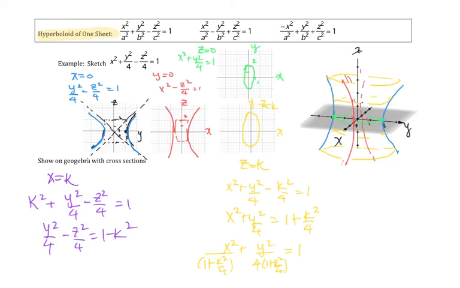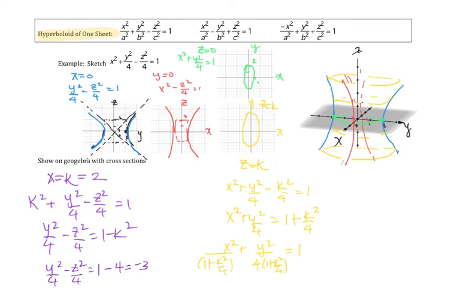When this is negative, this is not a hyperbola that opens in the y direction. Let me show you what I mean. Let's specifically put in x equals k equals 2. So we're looking at the cross section 2 units out here. If we do that, we get y squared over 4 minus z squared over 4 equals 1 minus 2 squared, so -3.